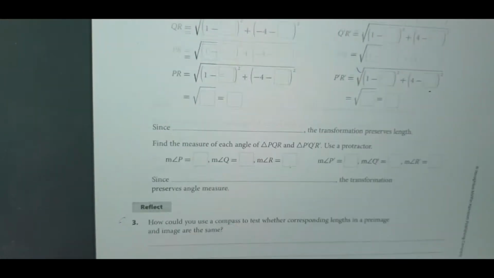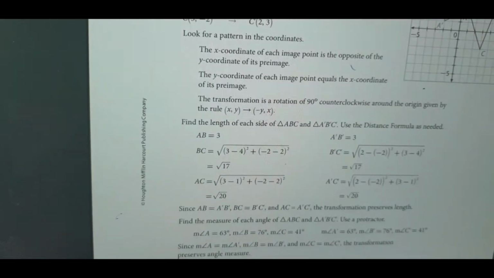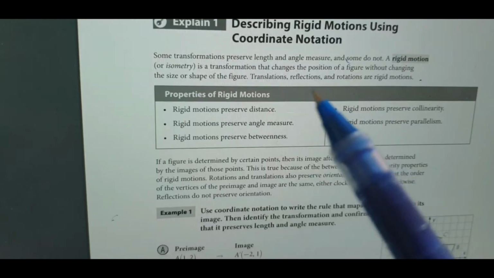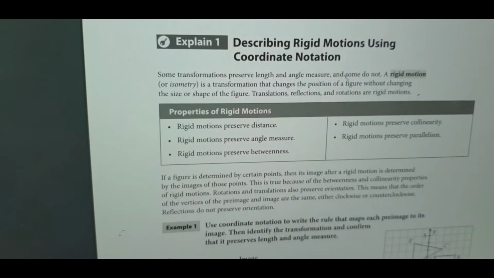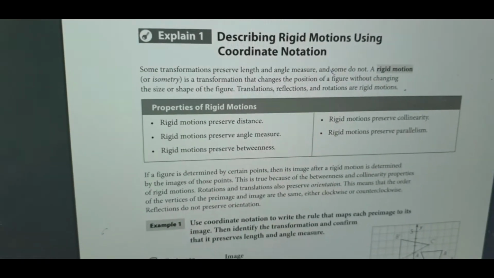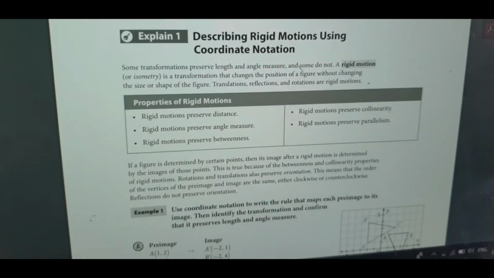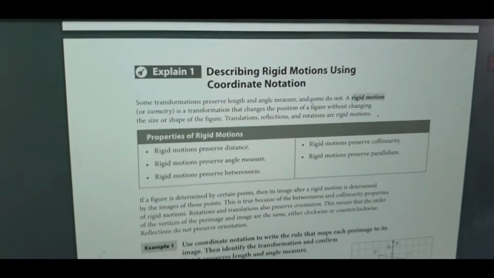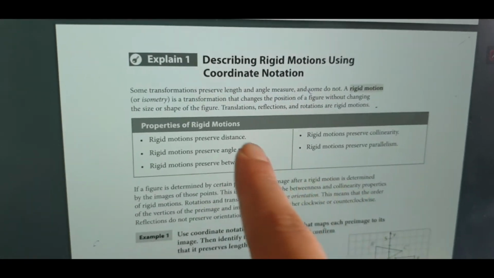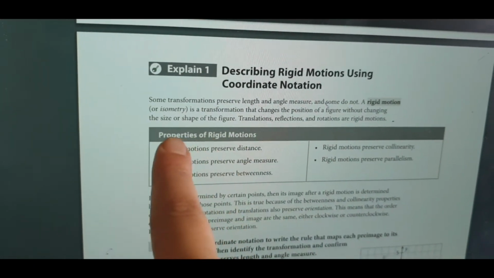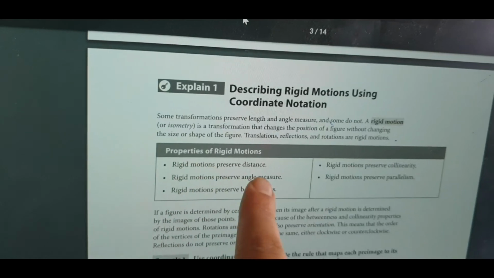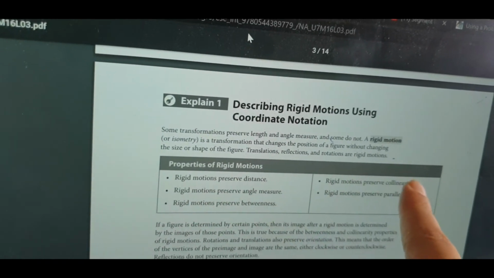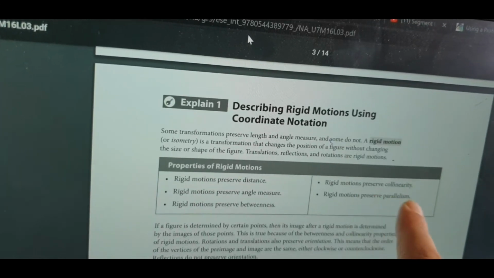But for now, what he is telling you here is that rigid motion in this table preserve. What is preserve? You understand what is preserve? Preserve, girls, mean keeps or maintain. Keeps. Okay? So the rigid motion is a motion that preserve distance, preserve angle measures, preserve betweenness, preserve collinearity, and preserve parallelism.